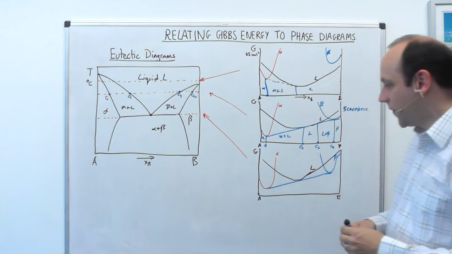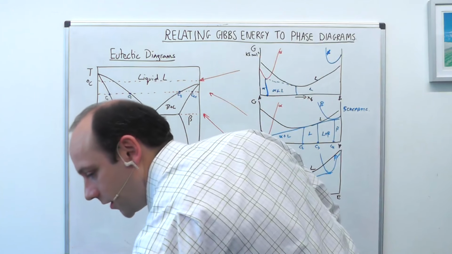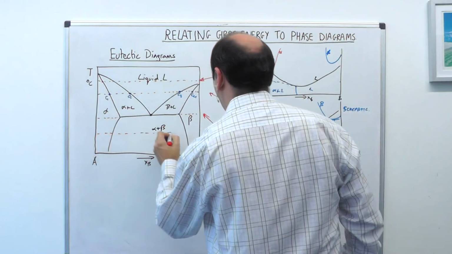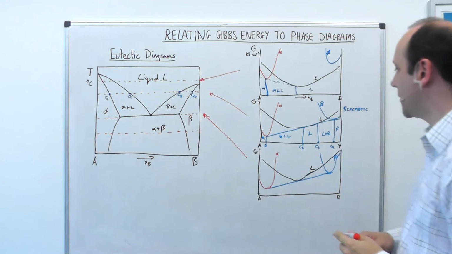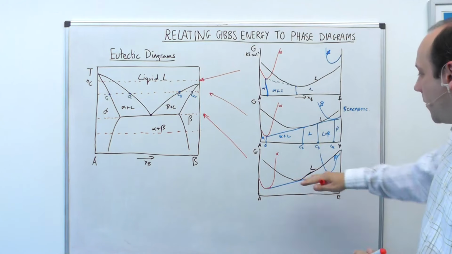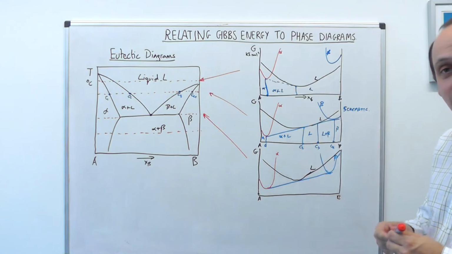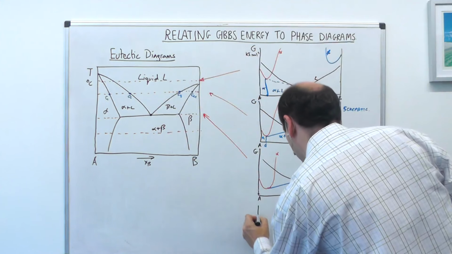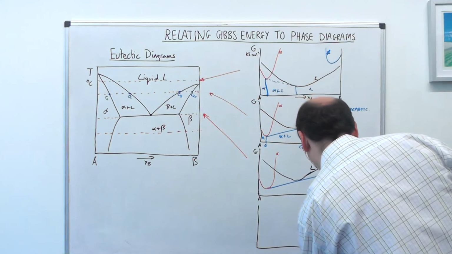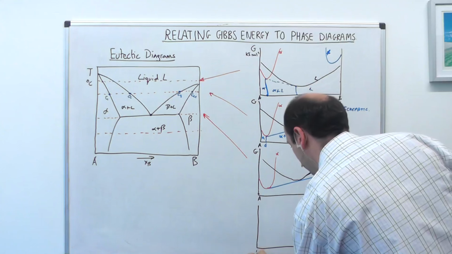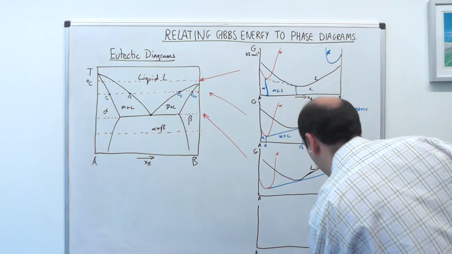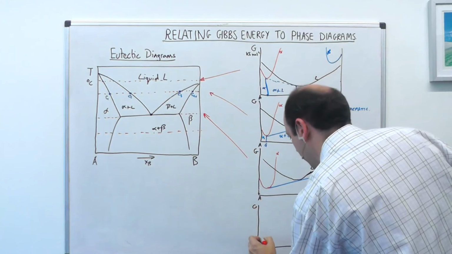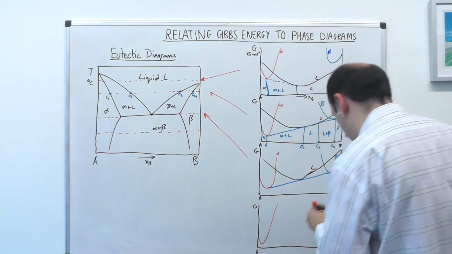And then finally, we've got our last temperature we can consider, which is down here. And at that last temperature, the liquid will have moved up so far that it's not participating in the equilibrium at all. So at that temperature, then we can draw our last diagram, A through to B, Gibbs energy. And this one will be a lot easier to draw. We'll have our alpha phase.